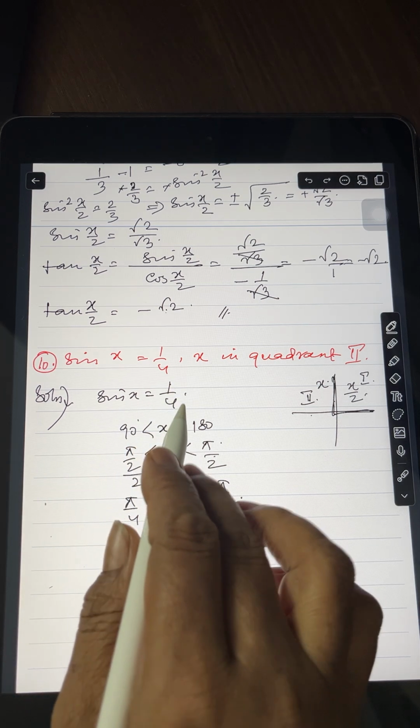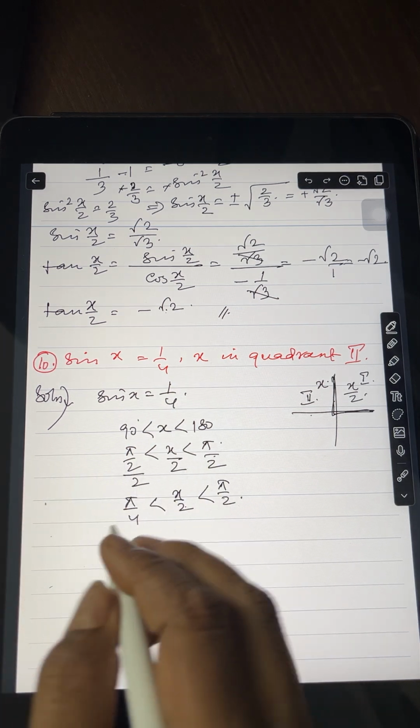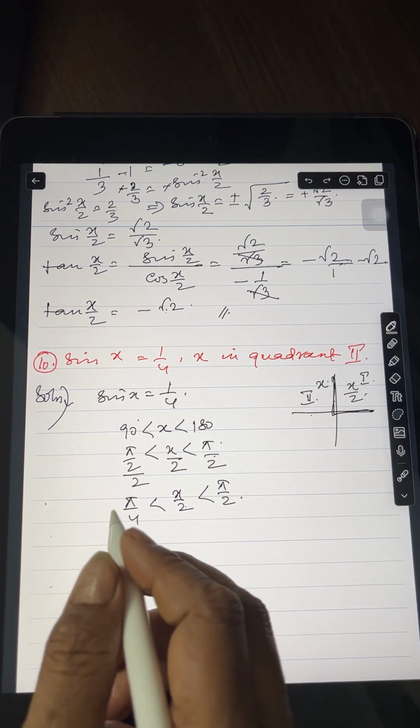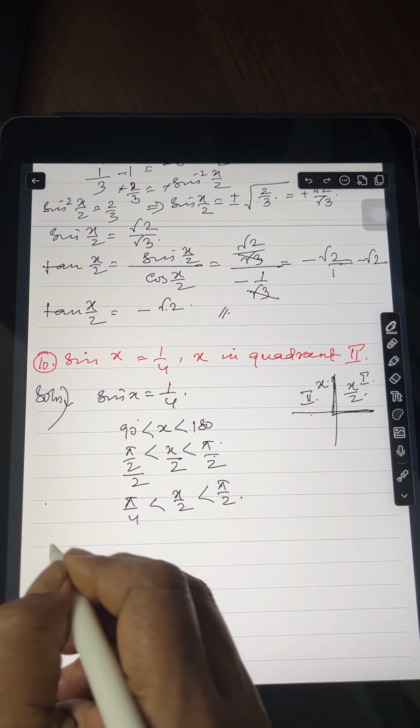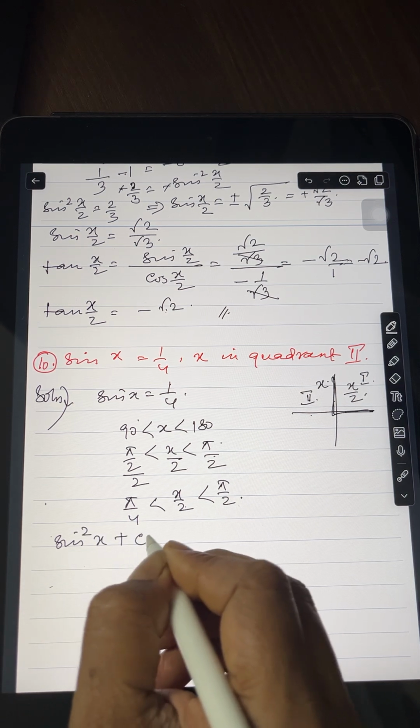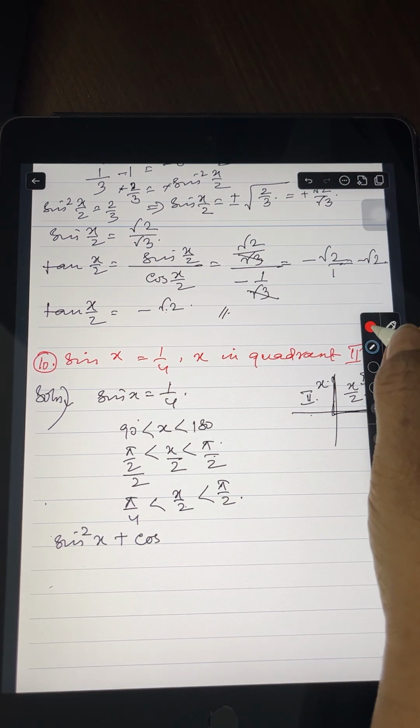Now you will have to take this. Sin x is equal to 1 by 4. So what will you take now? Sin x is given, so take sin square x plus cos square x.